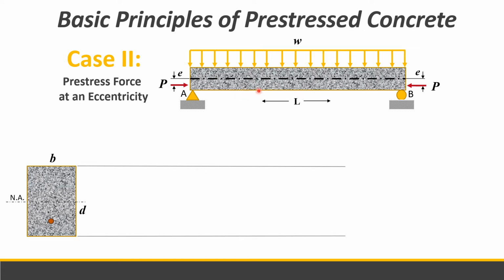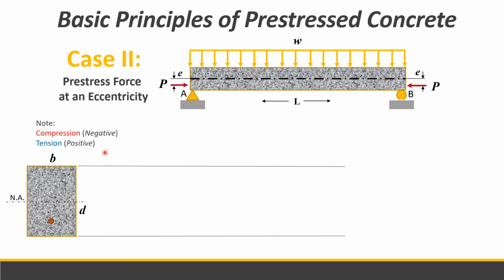But for a cantilever, the P is at the top, since in a cantilever the top fiber is subjected to tensile stress and the bottom fiber to compressive stress. But for an ordinary beam, we induce the pre-stressing force below the neutral axis at a distance E. That is the eccentricity. So P is not at the neutral axis, but somewhere below it.